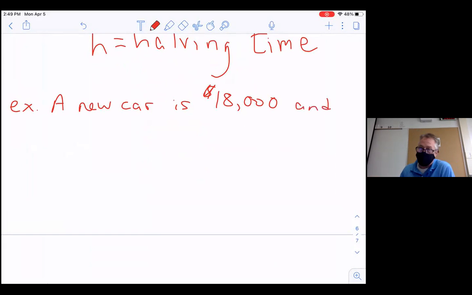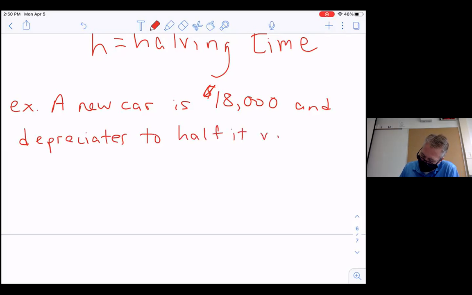Remember, we said that depreciates means it goes down in value, which almost all cars do as soon as you drive off the lot. And it depreciates to half its value every 4 years.